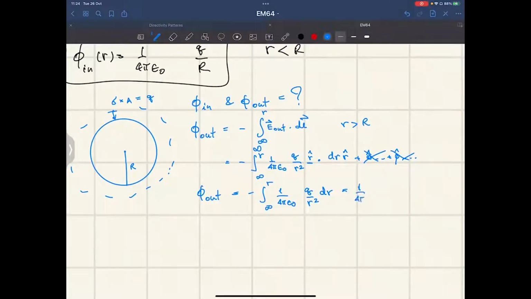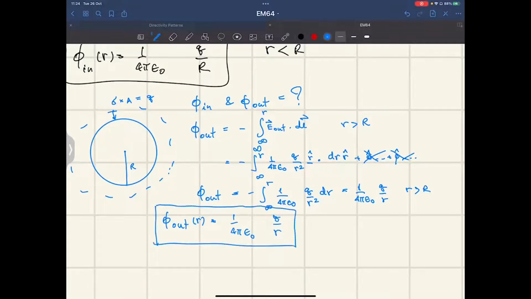It's your job to try the integration. It's just mathematics, where r must be greater than R. So this is outside: phi outside equals 1/4 pi epsilon naught Q divided by r. Any questions for the outside?